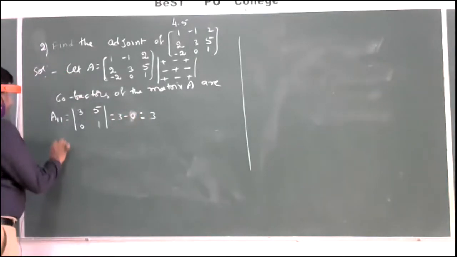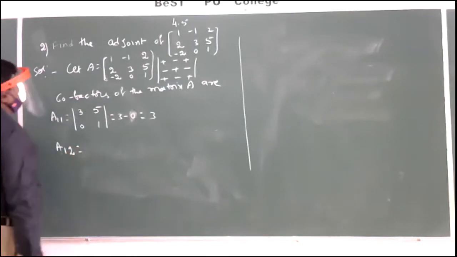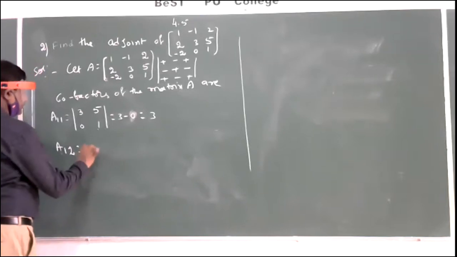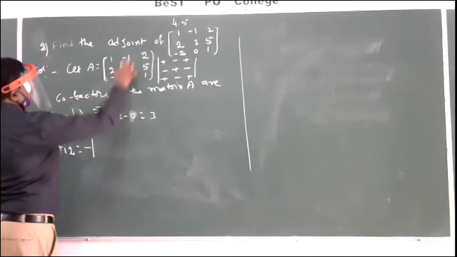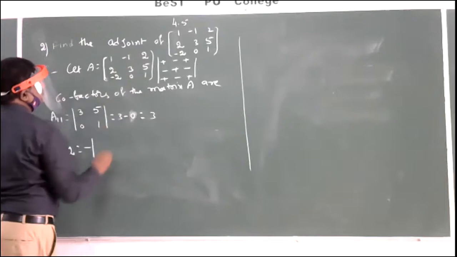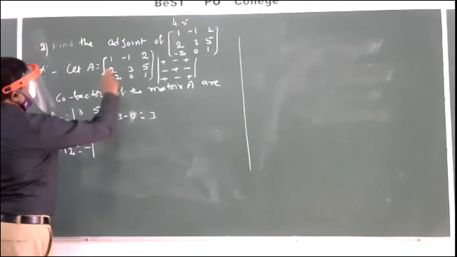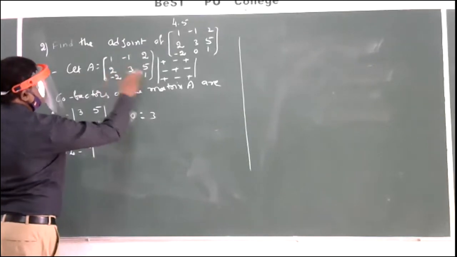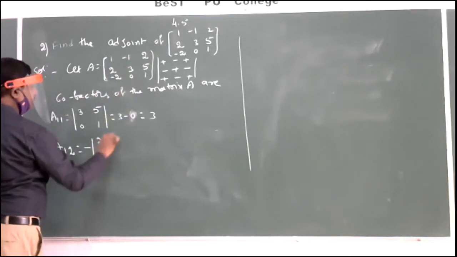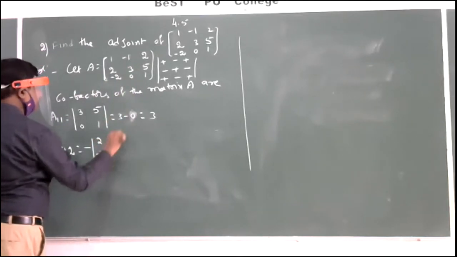Next A12, minus, leaving the second column and first row, then [2, 5; minus 2, 1].